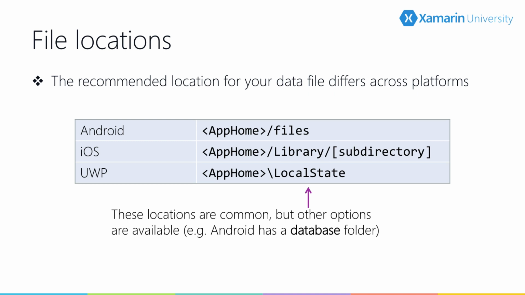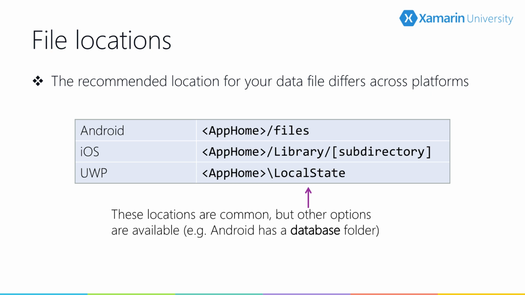On iOS, on the other hand, Apple is very strict. They say a database file should go into a subdirectory under the already existing folder Library. The reason for this is that every subfolder in Library will be included in the backup if the device is backed up.